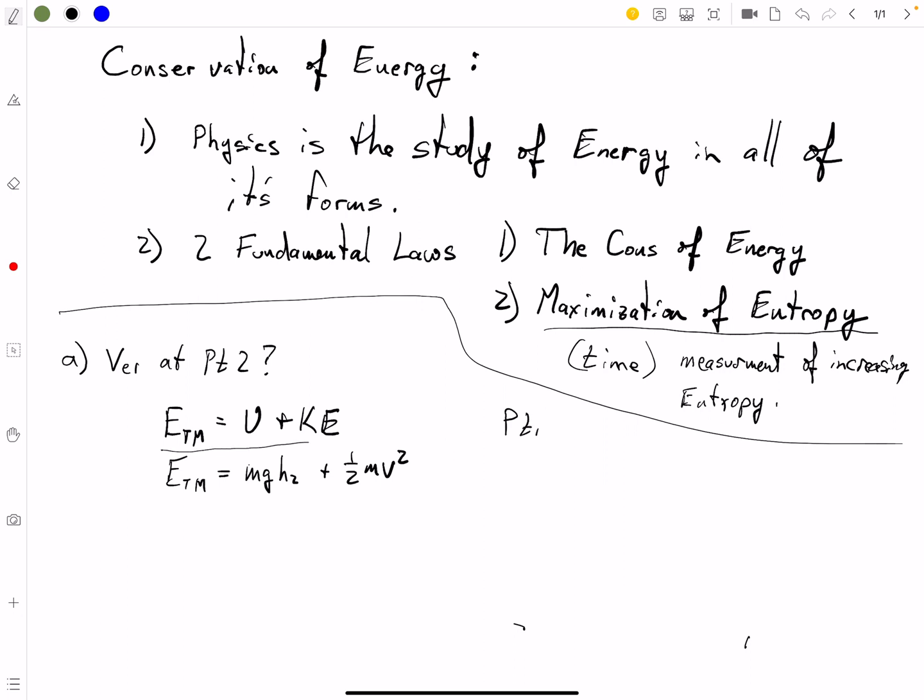At point 1, if we look at this equation, there is 0 here, which means that the potential energy is our only energy at point 1. So at point 1, it's all U, okay? And that means that our total mechanical energy is equal to 122,500 joules.